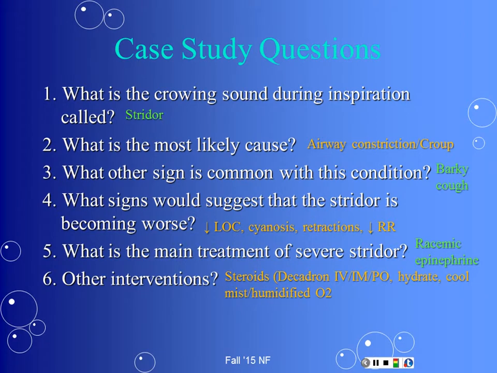They say it is better than Orapred, prednisolone, prednisone, any other steroid, be it IV, IM, or PO. You want to hydrate the kids, so if they can drink, you want them to drink clear liquids that are easy to get down, not milk, not oatmeal. And then coolness, humidified O2 can help with that airway.